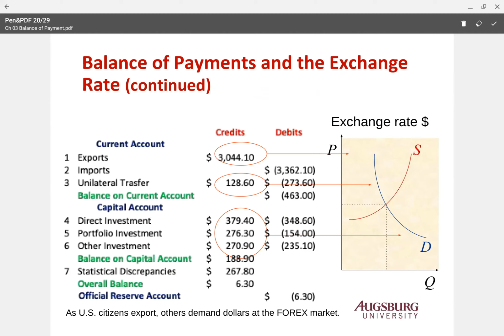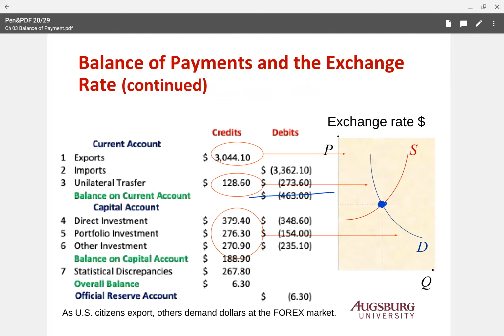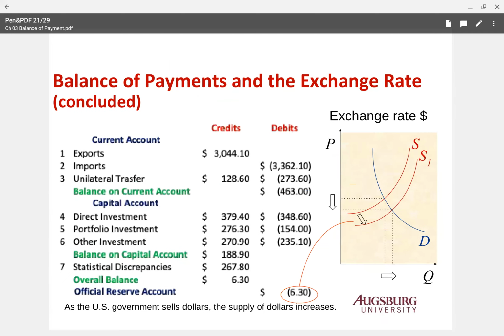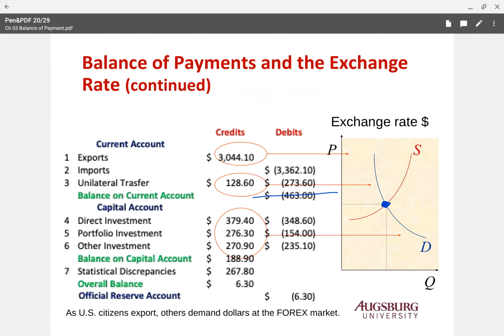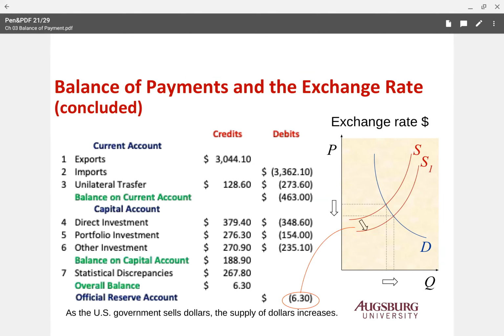We create the two curves, and these will give the market exchange rate. Now, this is under a pure flexible exchange rate system, but we have some reserve here, right? 6.3.